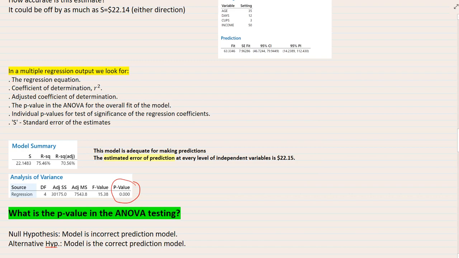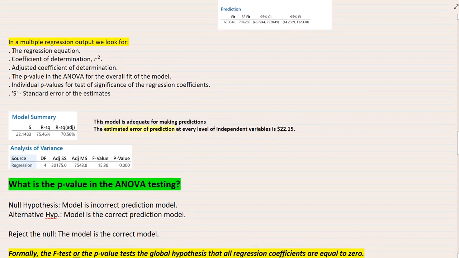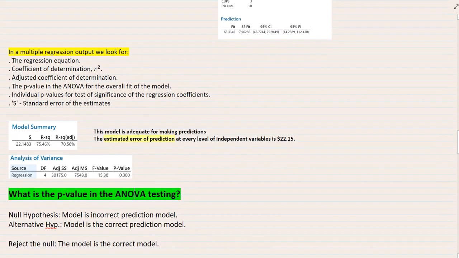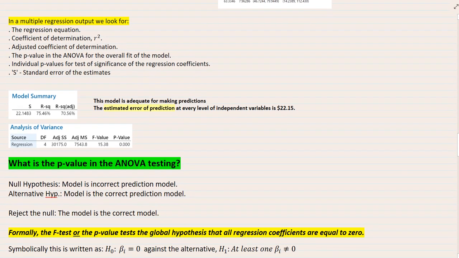Now, whether we need some of these independent variables or not is another story. So again, for this example, because the p-value from the regression is almost 0, we're going to reject the null. And rejecting the null means the alternative, which is this one: the model is actually a correct model for predictions.